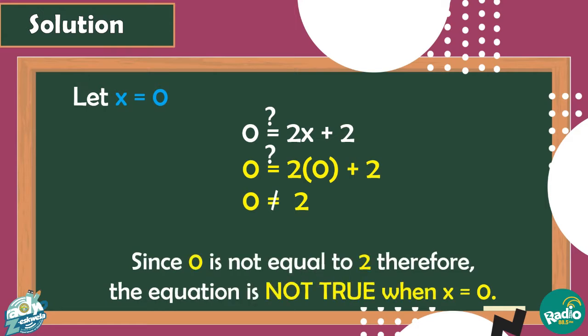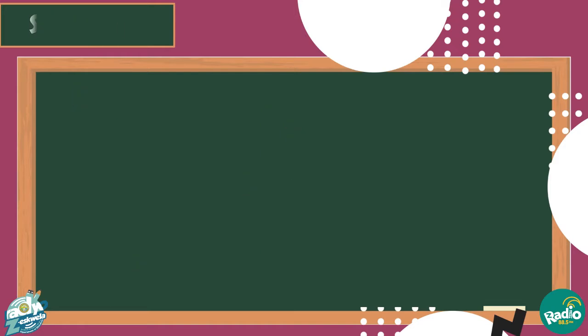Since 0 is not equal to 2, therefore, the equation is not true when x is equal to 0.